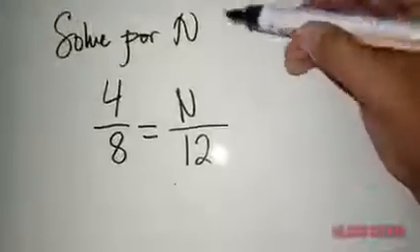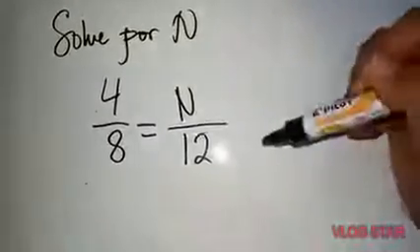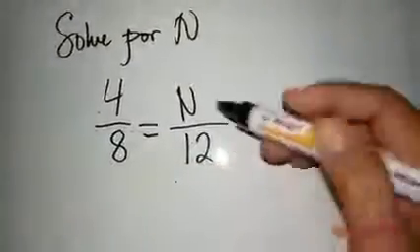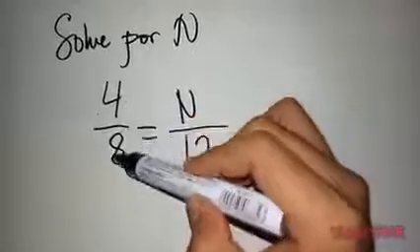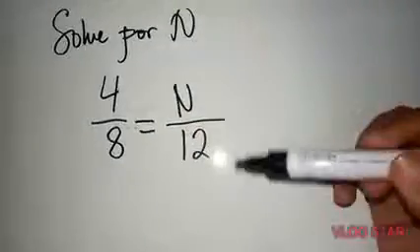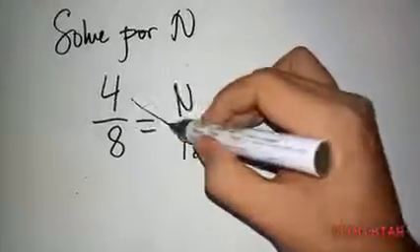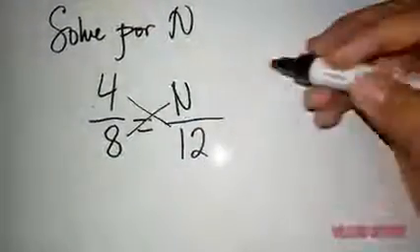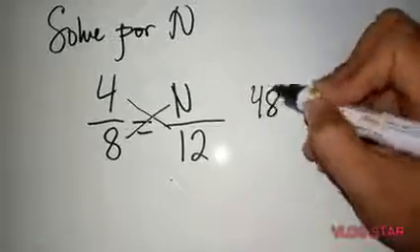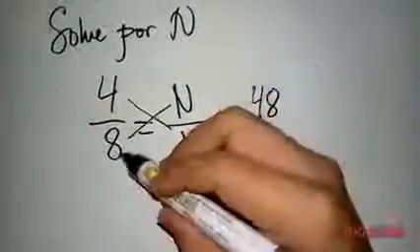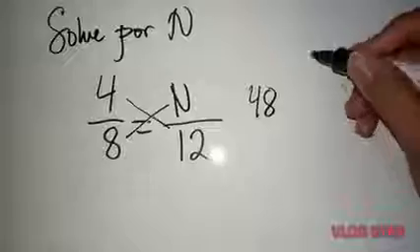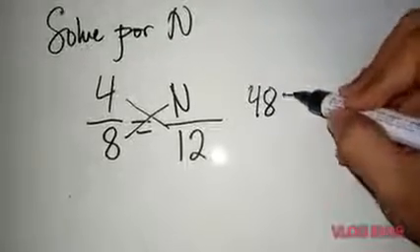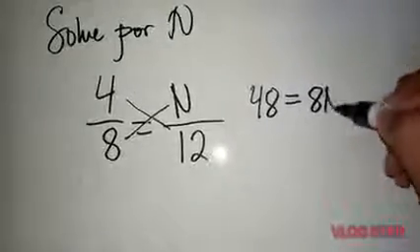Another example for getting the value of n in a proportion. We have 4 to 8 and n to 12. Just get the cross product. 4 times 12 is 48, and 8 times n is 8n.